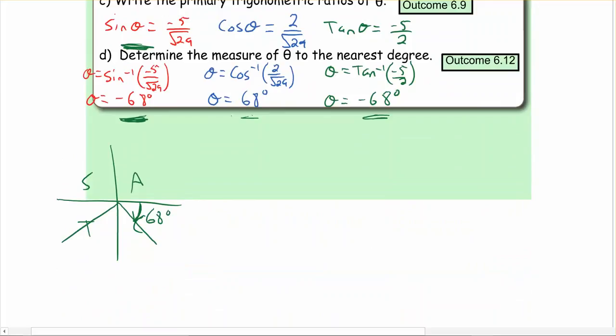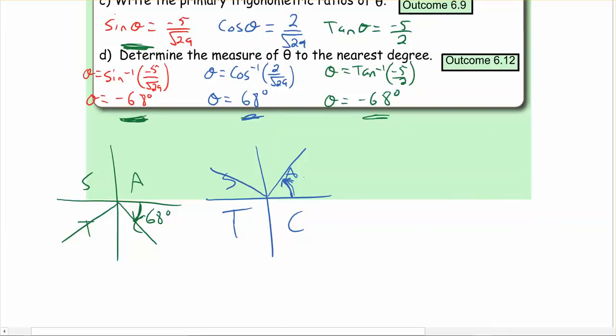If you think about the next one over here, I'll make that in blue maybe, and look at CAST. It was positive 2 over square root 29, so positive. So it knew that it was either there or there. The calculator gave us positive 68 because it knows that there's two answers, but it just picks the closest one.